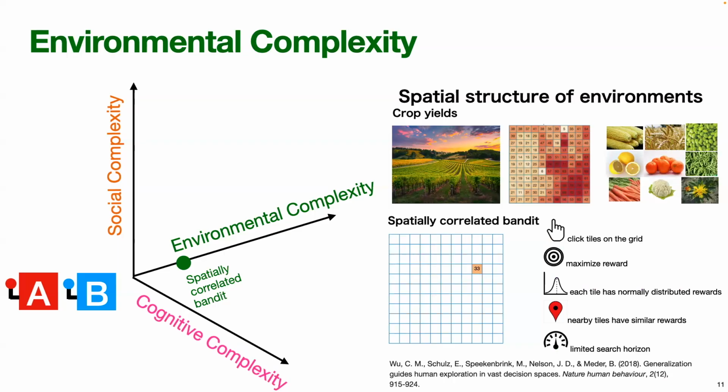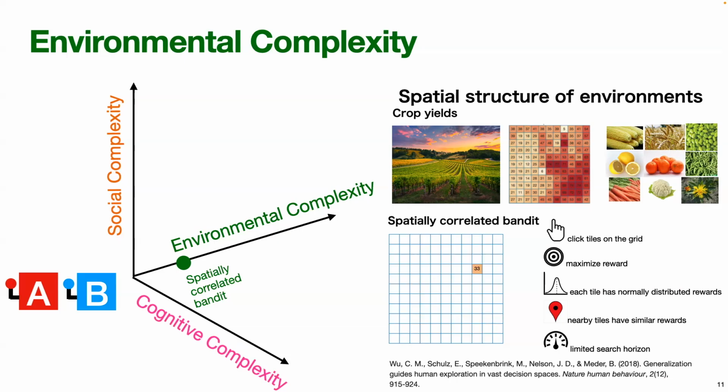Two-arm bandit means just two options in the world, but that's impossible in reality. You have a vast, wide space of possible behavioral options. And also, sometimes your behavior options or behavioral repertoires might be related to each other, in the way that some behavior options are more similar to others.